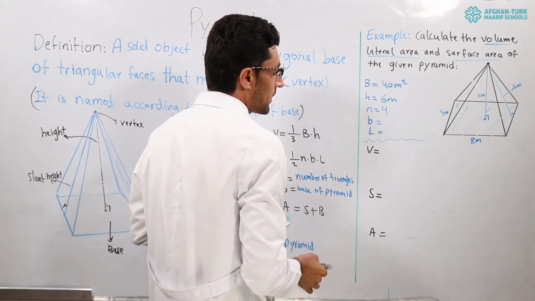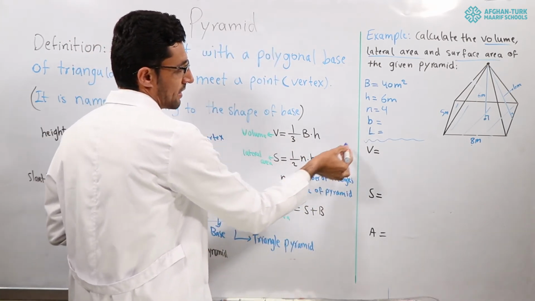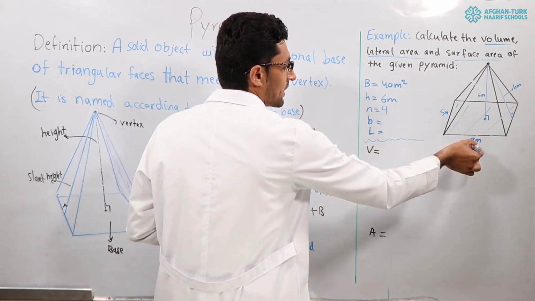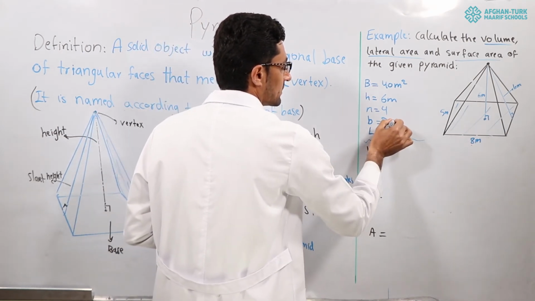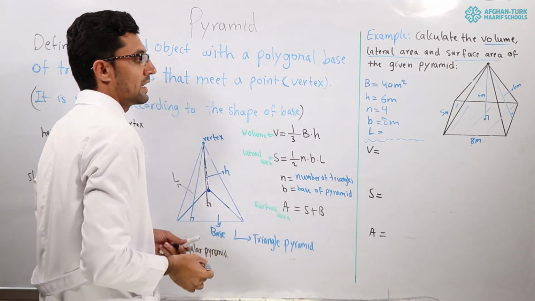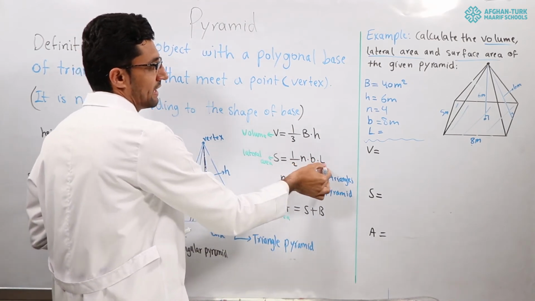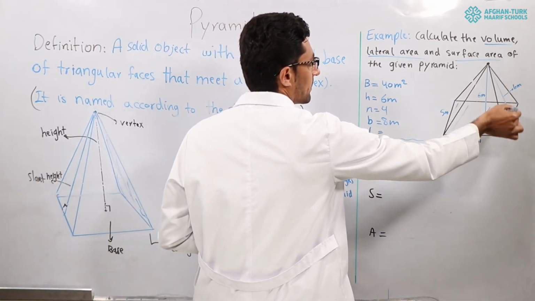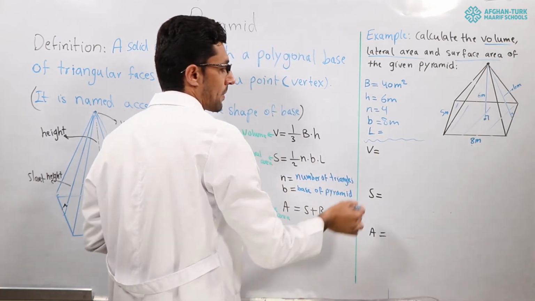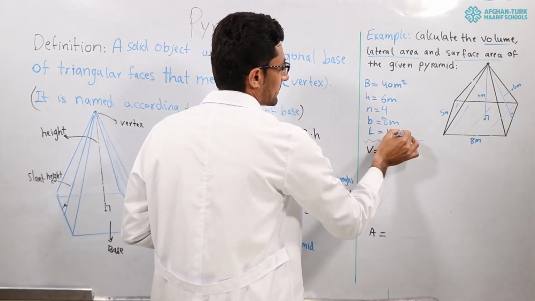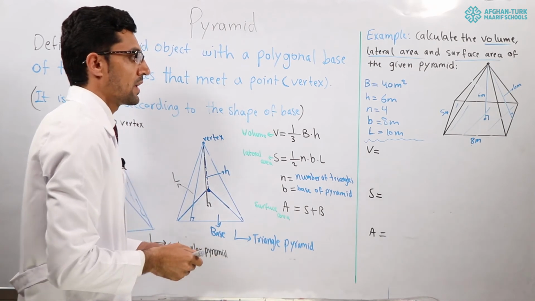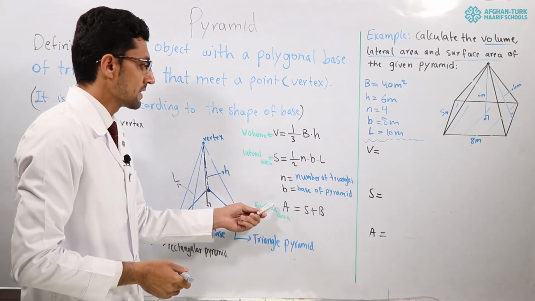And now we are going to find b. b is equal to the length of the base, 8. And the last one, L. L is equal to the length of this, 10 meters. Now it is very easy to find V, S, and A.